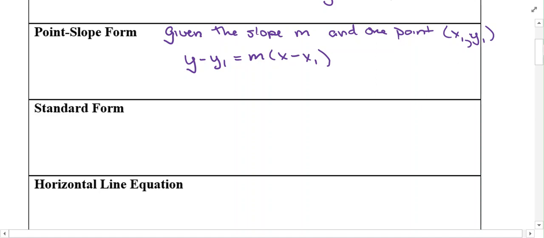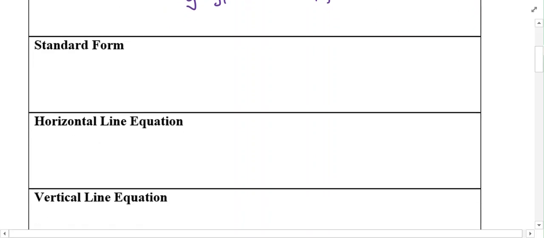With this one, we can use algebra to form any of the other forms that we want to, whether it be slope-intercept form or standard form. We can use this form to start with. The standard form is Ax plus By equals C. And notice we're using a capital B because it's not the little b that we're using right here.